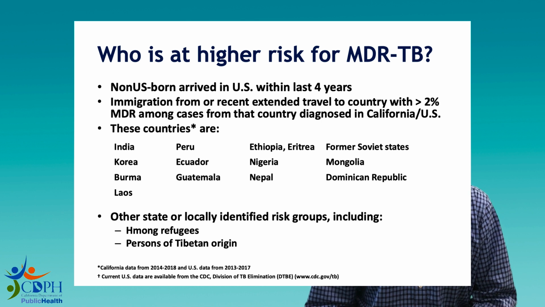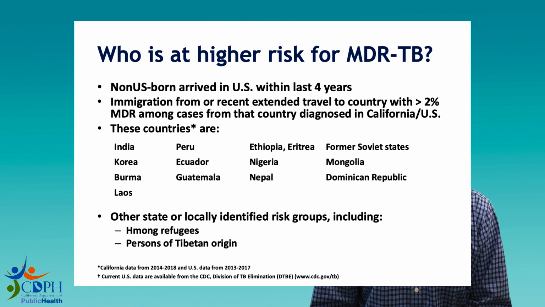So currently these countries are listed here. Keep in mind that this is based on current data from California as well as the United States. So contact your local TB program for updated information.